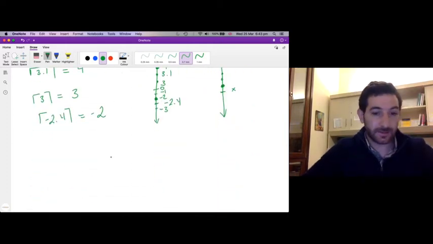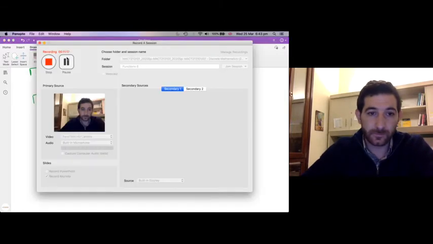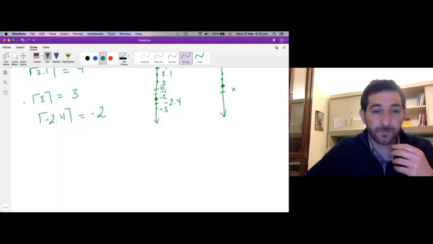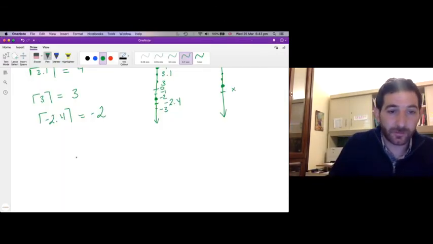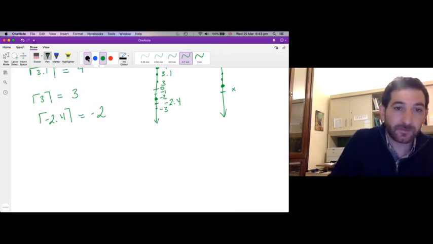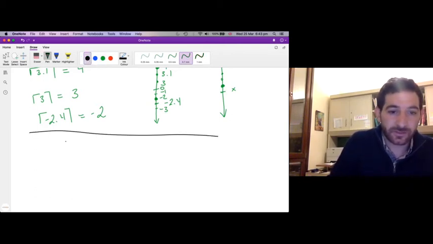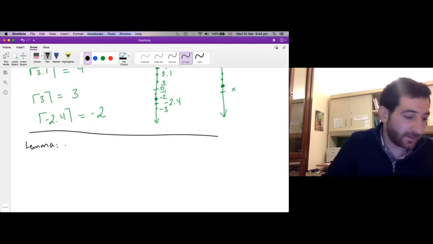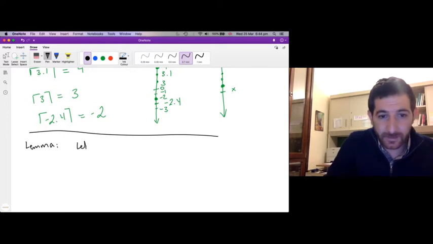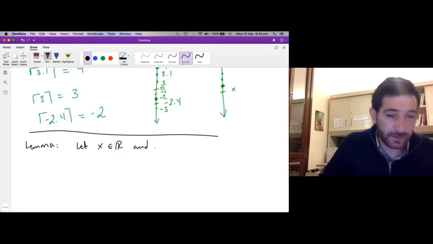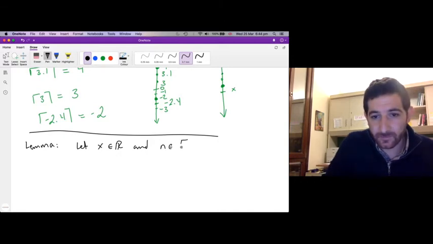Okay, let us prove some property about the floor function. Let's call it a lemma. Okay, what is this lemma? The lemma says let x be any real number and n be any integer.